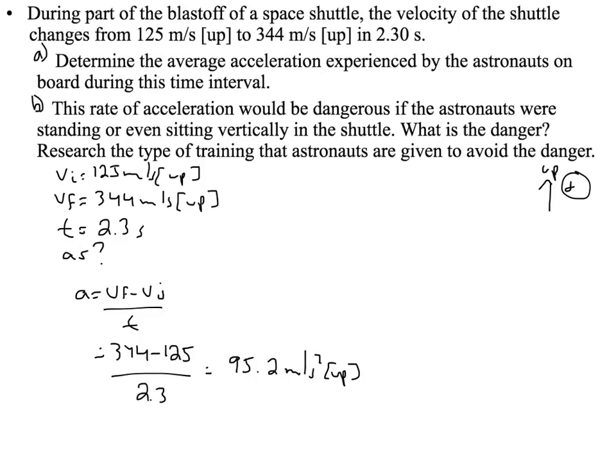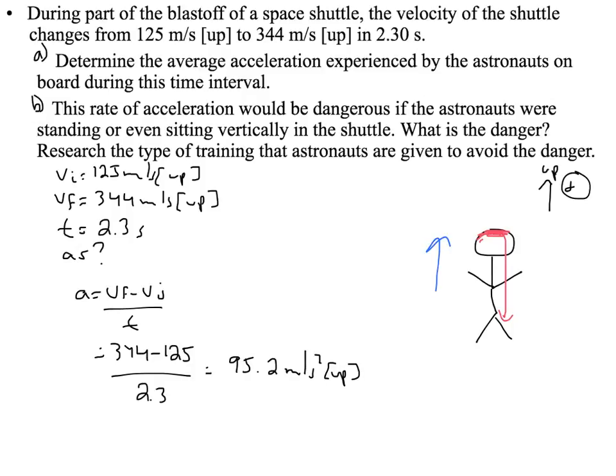This rate of acceleration would be dangerous if the astronauts were standing or even sitting vertically in the shuttle. What is this danger? Well, if you are accelerating too quickly, the blood rushes. So I'll just do one of my famous drawings here. There's blood in your brain, blood everywhere. But if you accelerate really, really quickly, that blood, due to inertia, stays where it was, or it tries to stay where it was. So what happens is that blood pools in your feet.